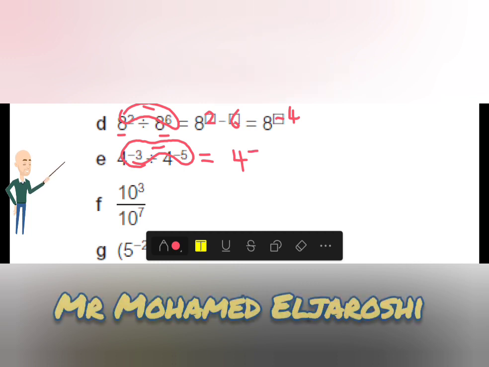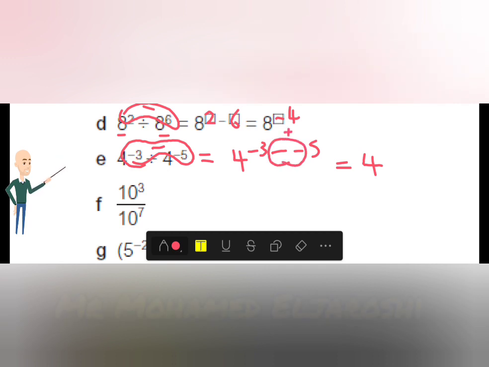It's going to be negative 3, minus the sign that we put here and then the sign of the number, which is negative 5. And when you write it in the calculator, it's going to be 4 power of what? Very good. This one will be plus. So it's going to be 4 power of 2.